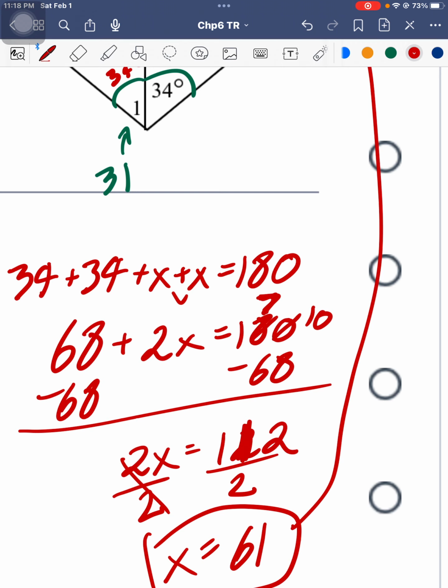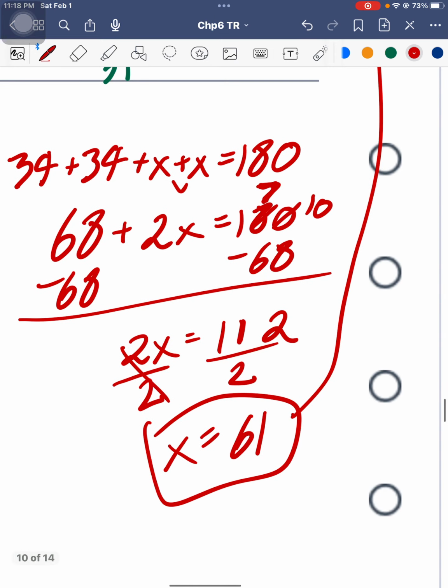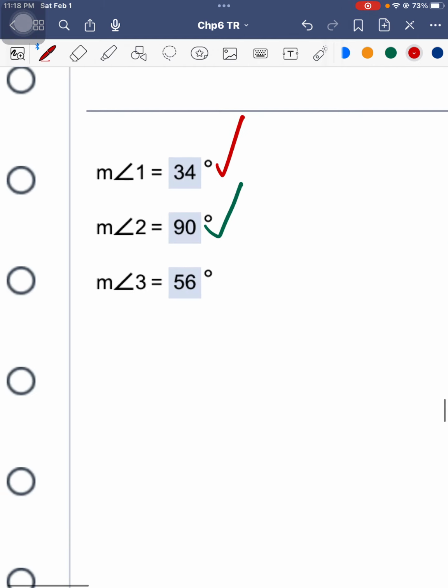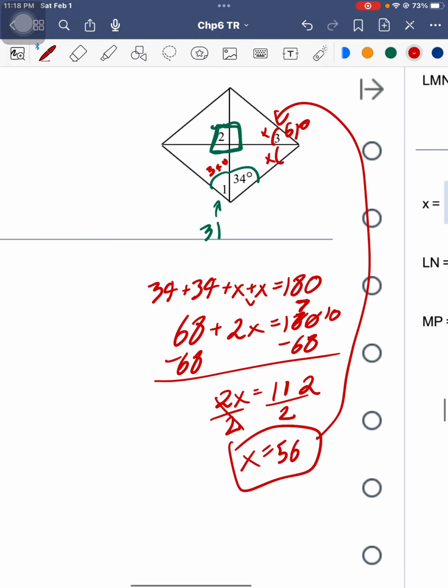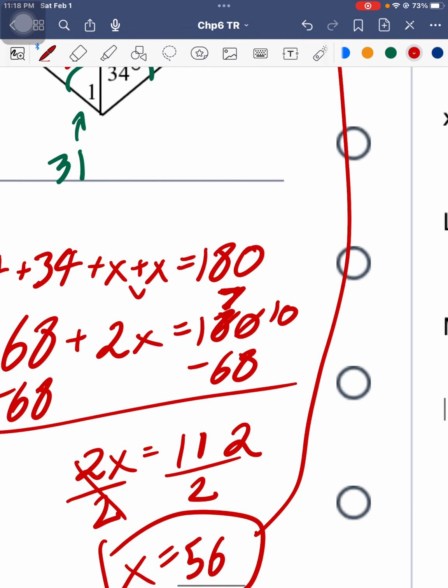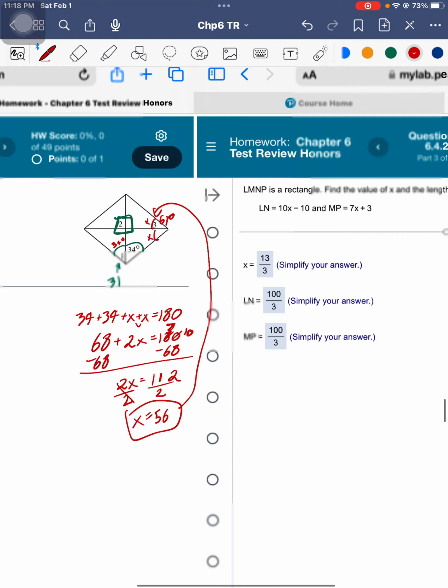Yeah, so this is 112. Okay, there we go. Gotcha. So that means this is 56, right? There we go. Cool. See, sometimes I can go too fast too, so make sure you guys are always double checking your work, okay? I would have gotten that wrong, you know?